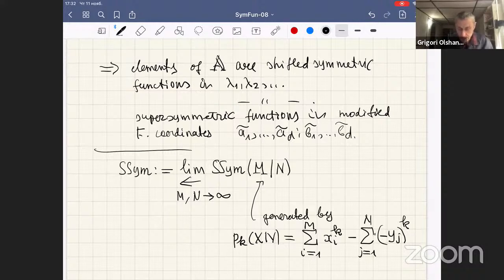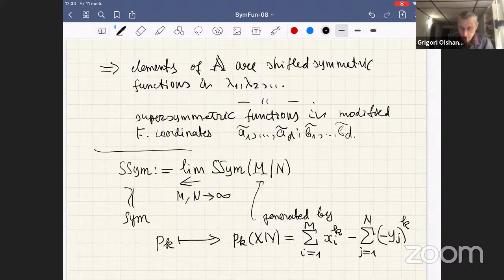But as I explained before, this algebra is only another realization of the algebra of symmetric functions. We only take some super specialization of the ordinary symmetric functions simply by saying that the power sums are realized as supersymmetric power sums, and that's all.